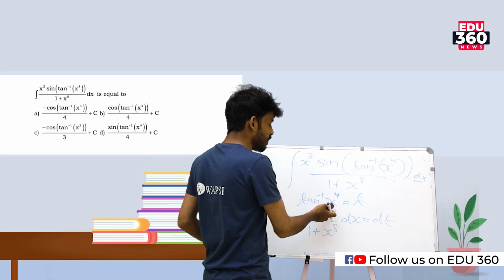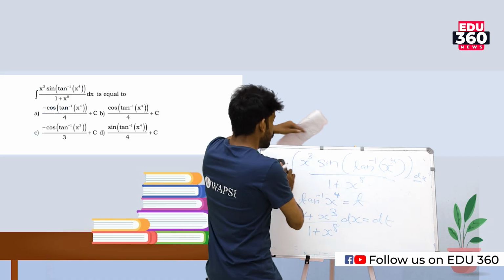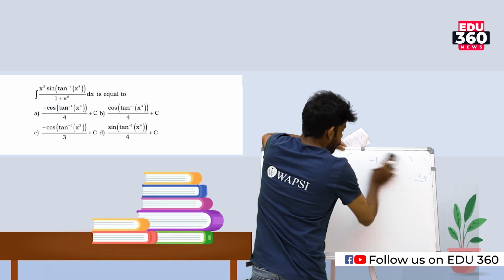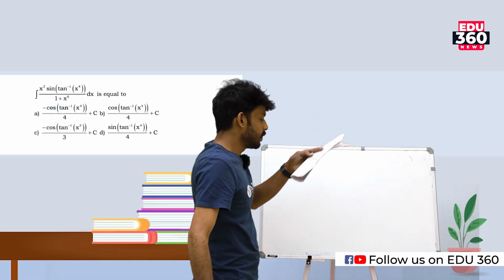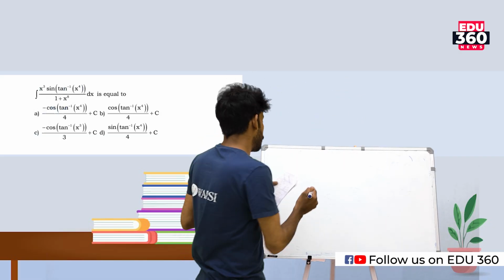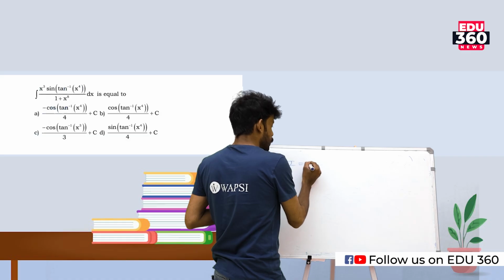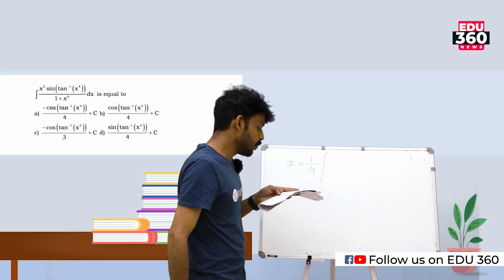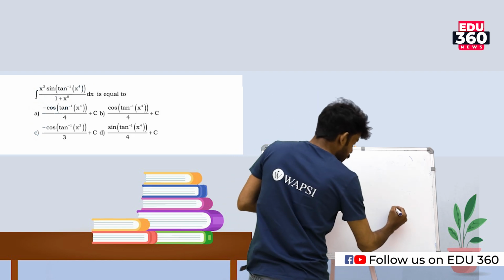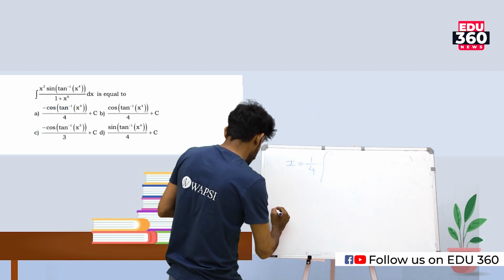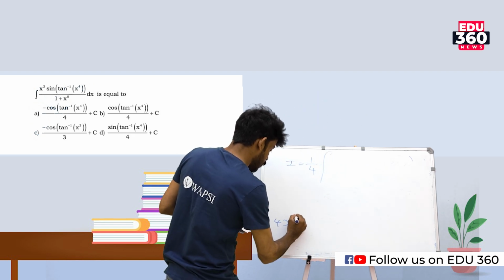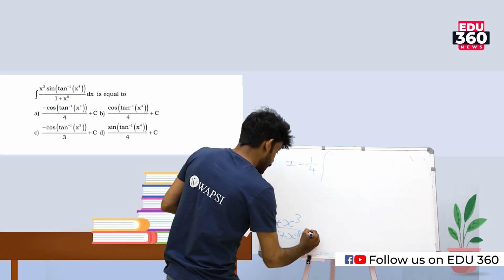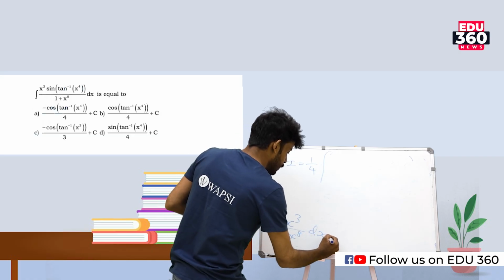While we substitute t and dt here, on the next step, I is equal to 1 by 4, because 4x cube divided by 1 plus x raised to 8 dx is equal to dt.